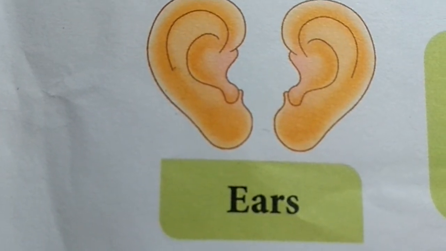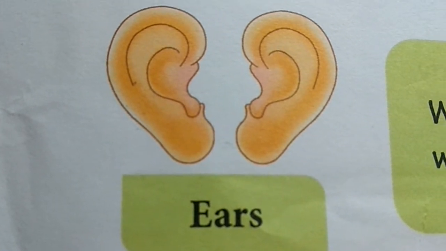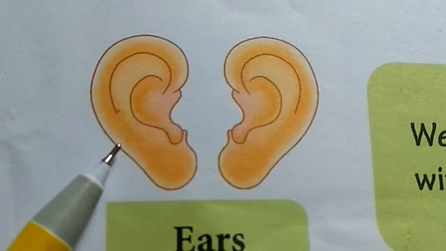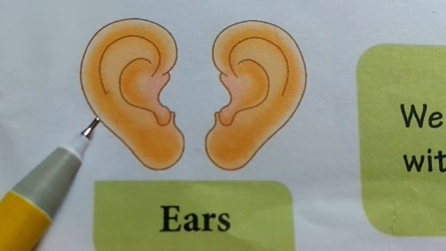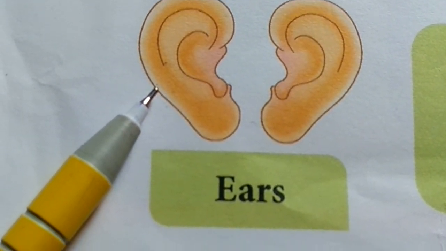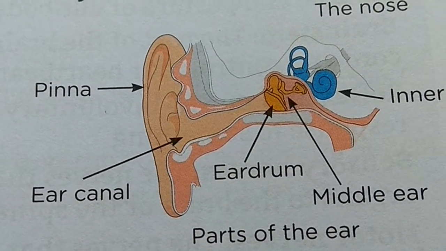Next comes the ears. The ears help us to hear different sounds in our surroundings. The part of the ear that we see is called the outer ear, also known as pinna. Now let us study the structure of the ear.